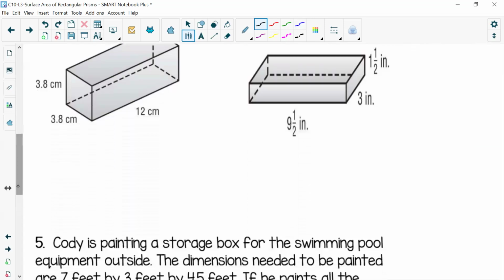Alrighty, we're moving right along. We have our length, our width, and our height. We have surface area equals 2 times the length and width plus 2 times the length and height plus 2 times the width and height.